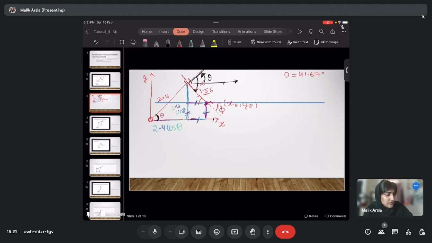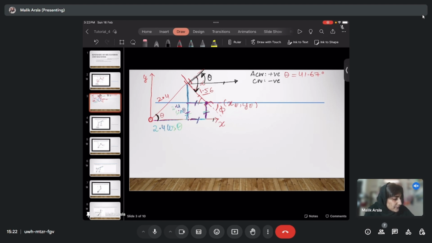Always remember that whenever we measure angles in anti-clockwise direction, it is considered positive, and here alpha is shown in clockwise direction, so it is negative. You can remember these things.